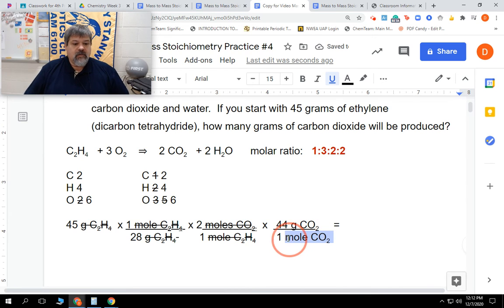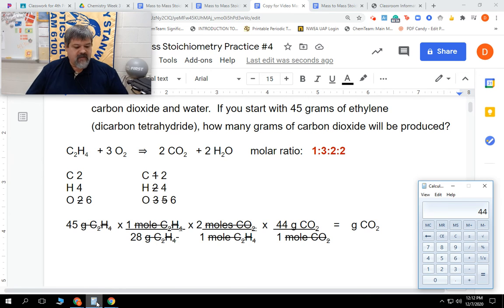Okay, and we do our last one right here. Now we're left with grams of CO2. Okay, so now we can go ahead and do our math. We got rid of everything else, and remember, what do we do with our math? We multiply by the top, divide by the bottom. Okay, so really it's 45 times 1 divided by 28 times 2 divided by 1 times 44 divided by 1.